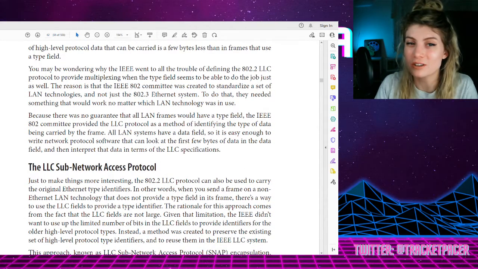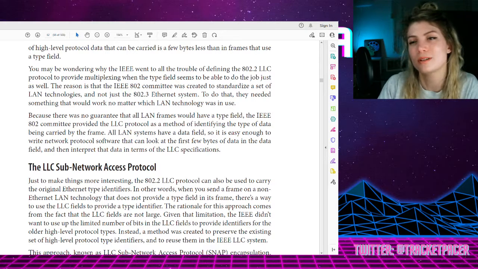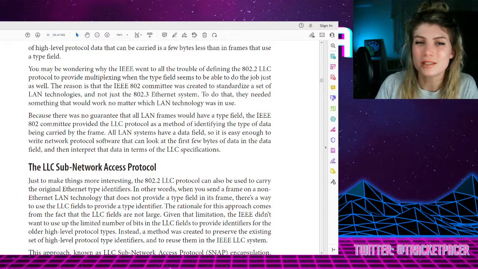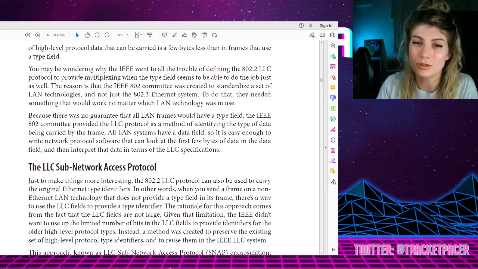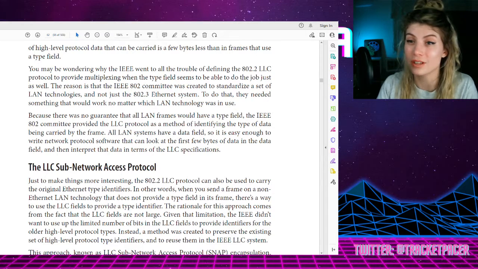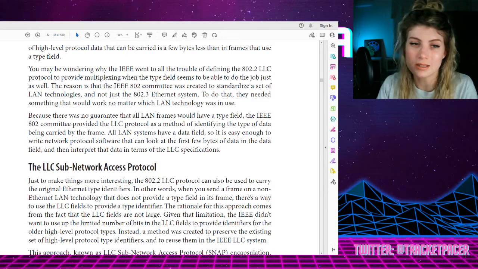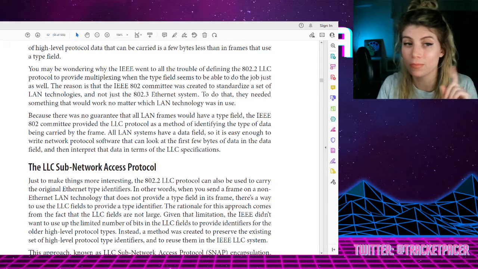You may be wondering why the IEEE went to all the trouble of defining that 802.2 LLC protocol to provide multiplexing when the type field seems to be able to do the job just as well. The reason is that the IEEE 802 committee was created to standardize a set of LAN technologies and not just the 802.3 Ethernet system. To do that, they needed something that would work no matter which LAN technology was in use.